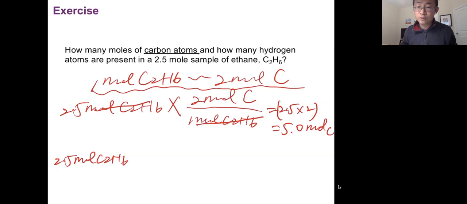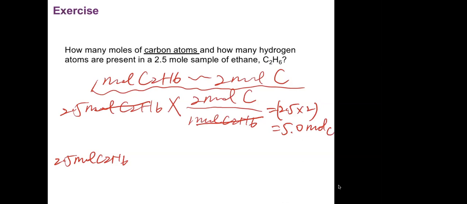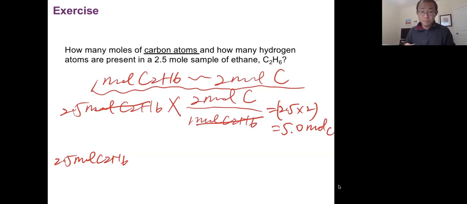To moles. Why? Because 1 mole is how many, guys? 1 mole is how many? 6.02 times 10 to the 23rd. So we know the number is related to moles.